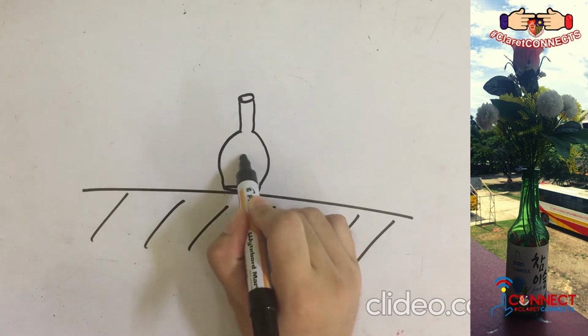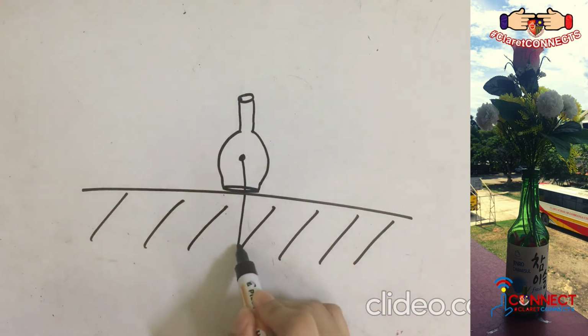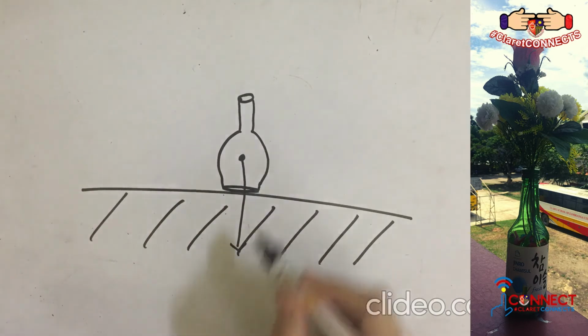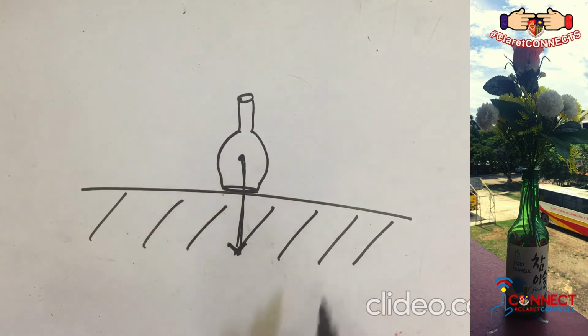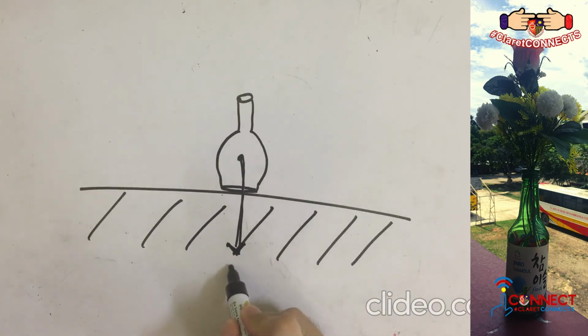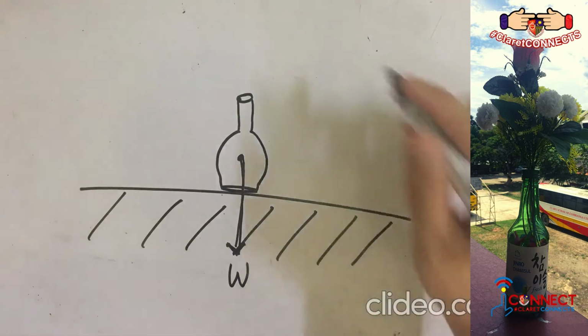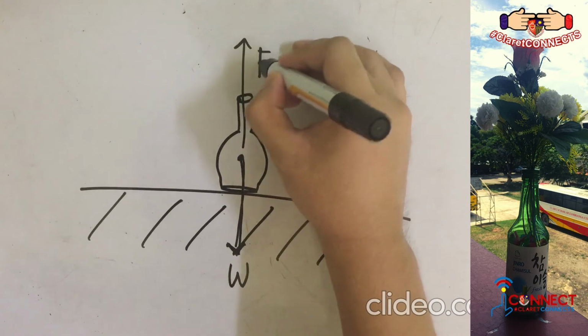From the center of the object, because of its mass and the reason why it is lying on the ground, pointing to the ground towards the center of the earth, we have the force due to its weight, or the weight of the object. And the one that counters the weight is the normal force.